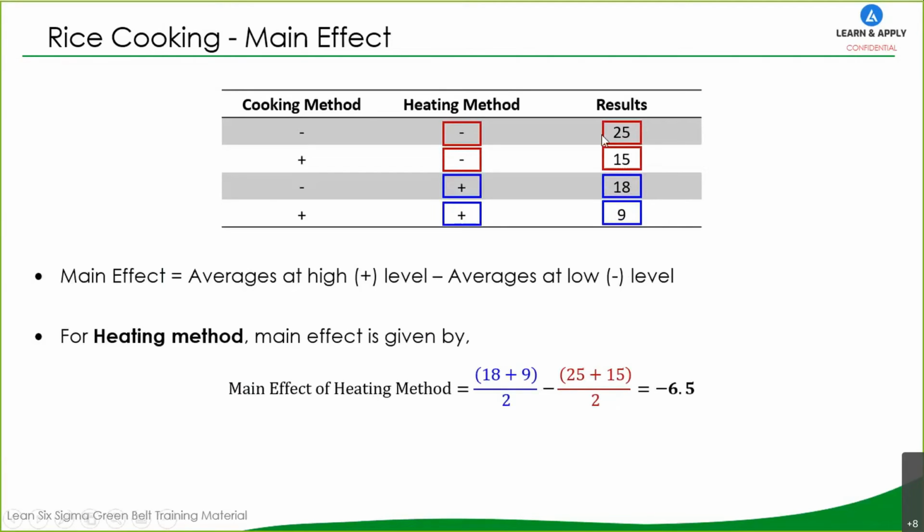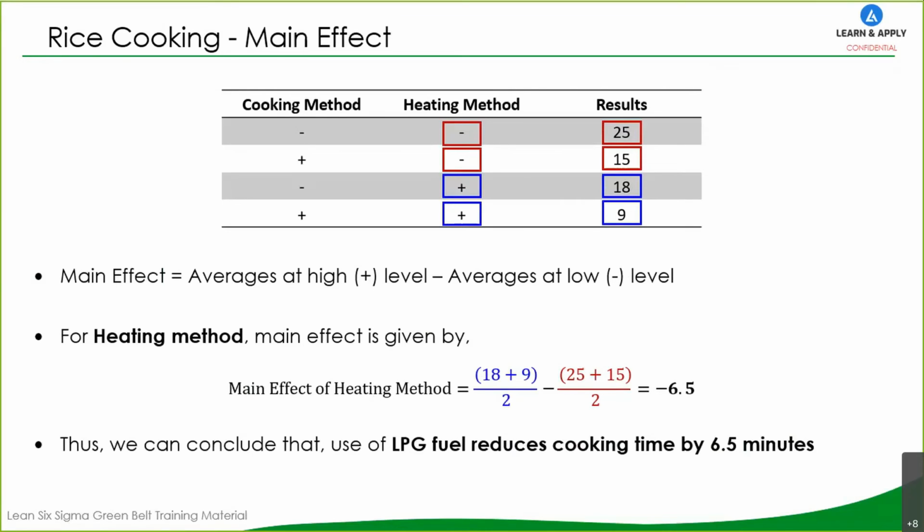And average at low means 25 plus 15 divided by 2. So it is coming as 6.5. So what is the conclusion of it? If you cook on the LPG gas stove, it will take 6.5 minutes less than the normal stove. Perfect. So LPG fuel reduces cooking time by 6.5 minutes. That's the interpretation of it, and this is called a main effect.